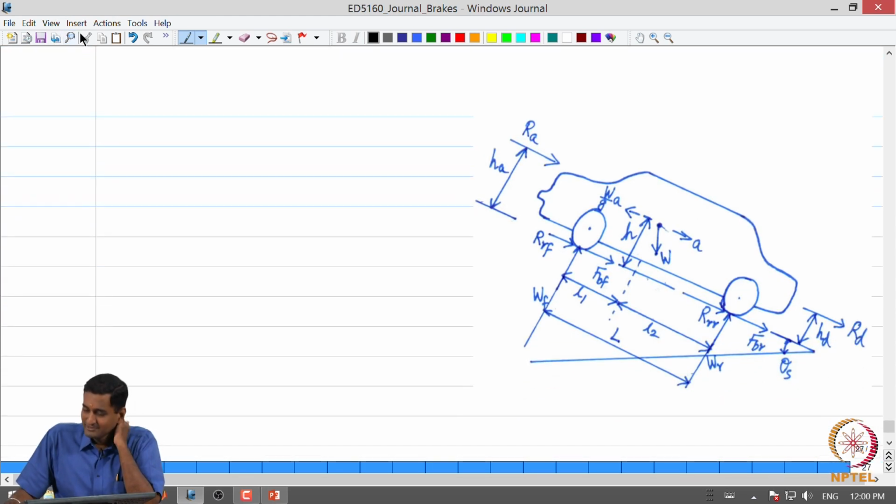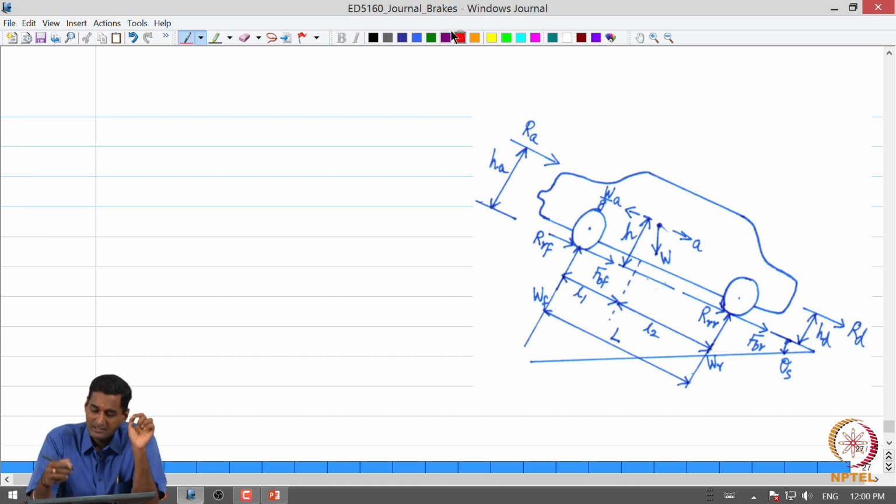We are going to consider a free body diagram, which you will see is pretty similar to what we considered during analysis of the powertrain. If we recall the analysis that we did for calculating the gear ratios or getting the basic equations during the drive motion, when we did powertrain analysis, we considered a similar free body diagram.